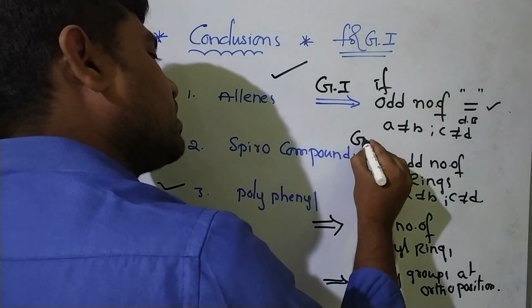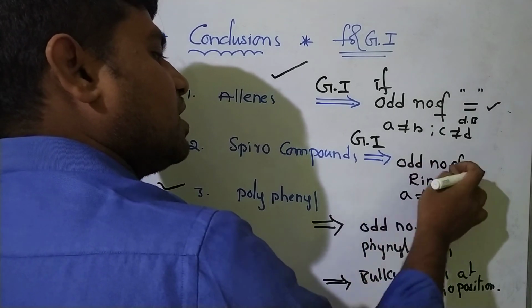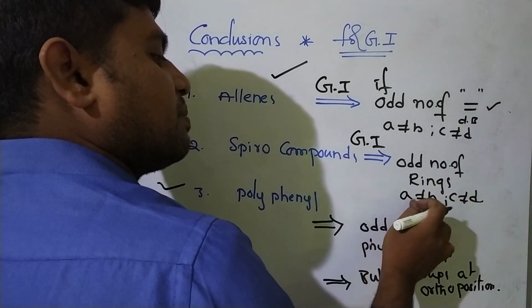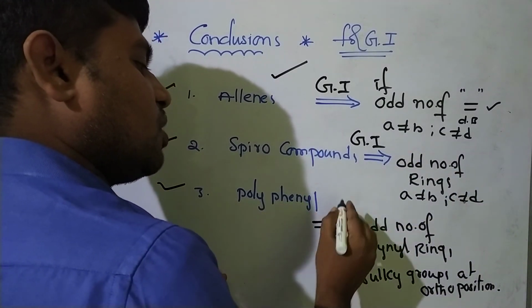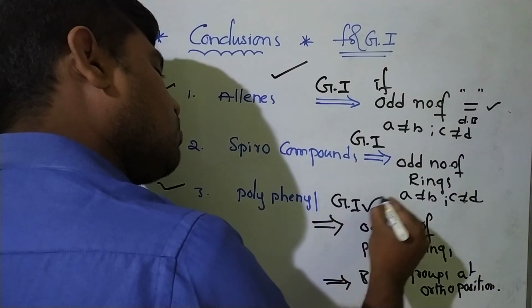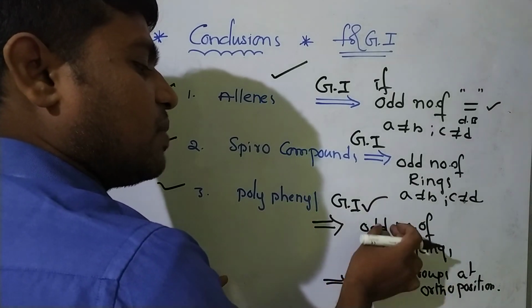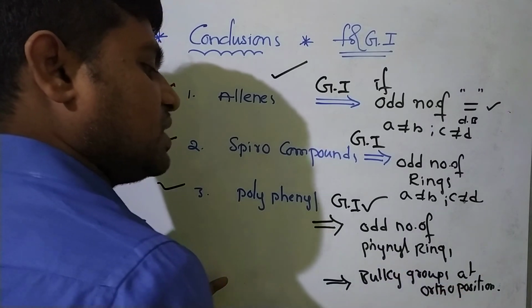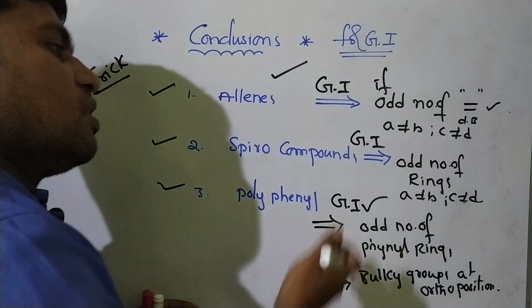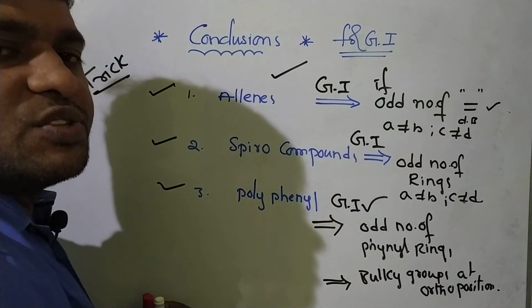Spiro compounds also exhibit geometrical isomerism if there is an odd number of rings and the terminal carbons have different groups. Polyphenyls also exhibit geometrical isomerism with an odd number of benzene rings, and there must be bulky groups at ortho positions. Okay, students, please note this. Very important for examinations, JEE and NEET.